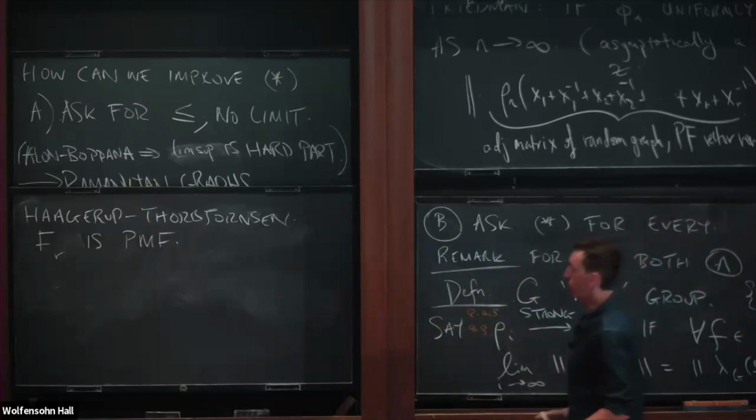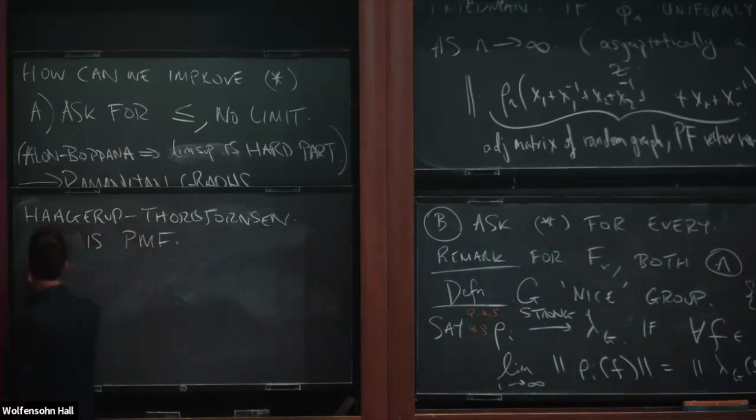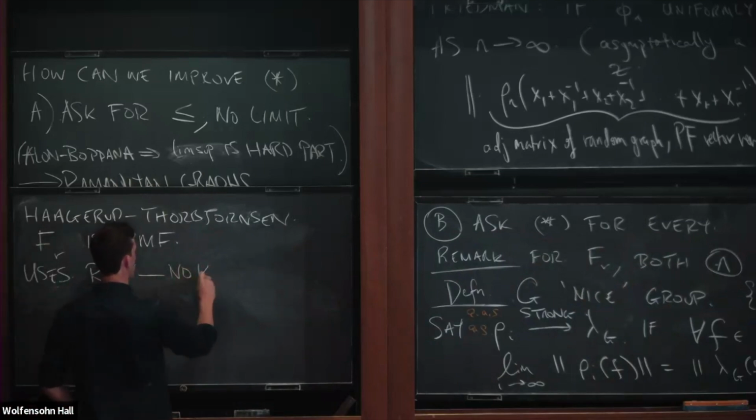What's important to note about this result is that it uses random matrix theory. In fact, every single example of finite dimensional unitary representations of the free group that converge in this way still uses random matrix theory. And as a side effect, there are no known explicit examples.